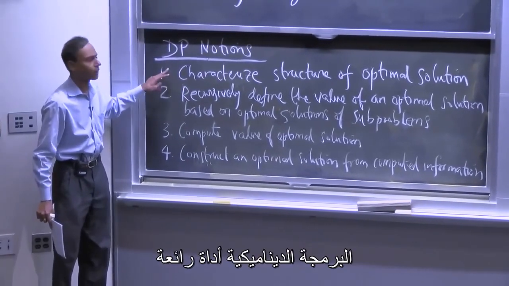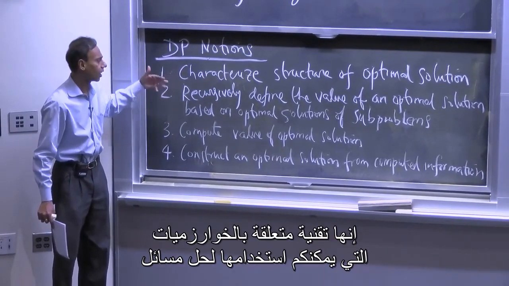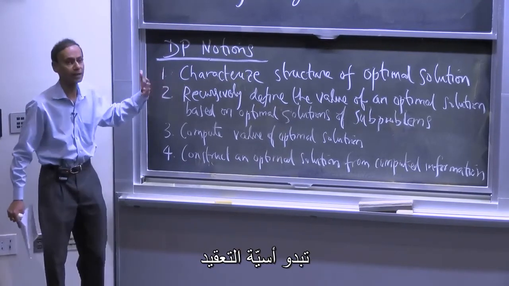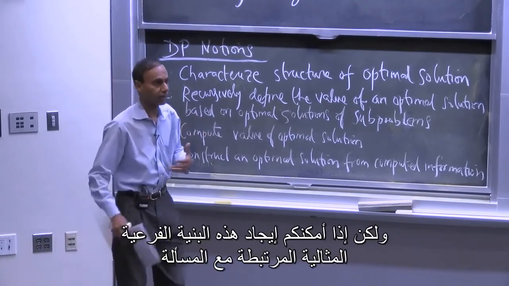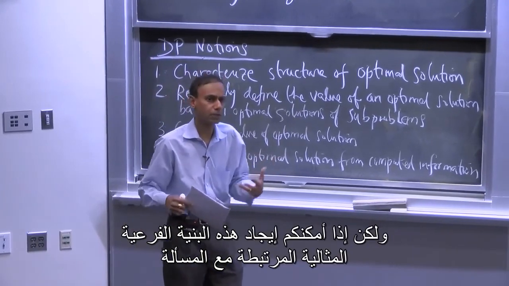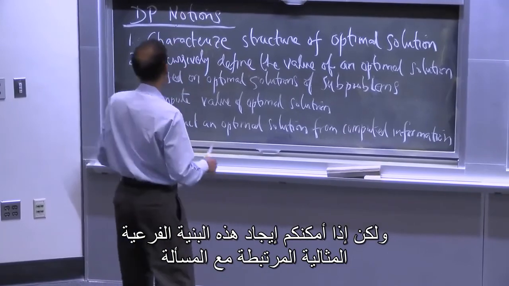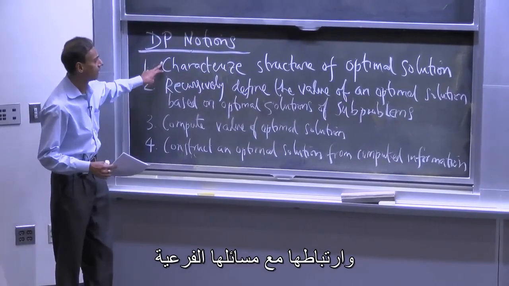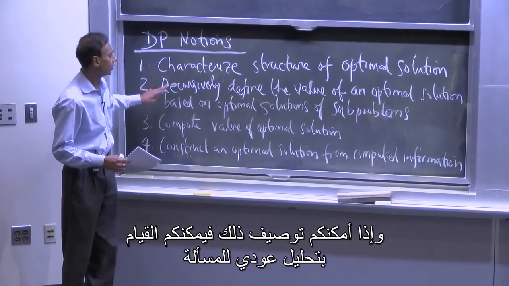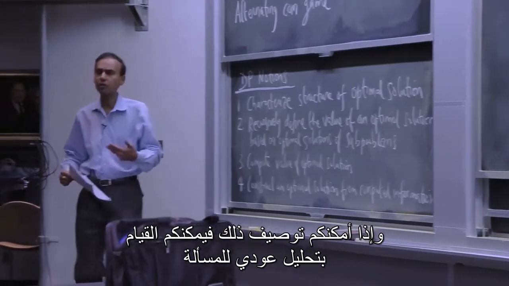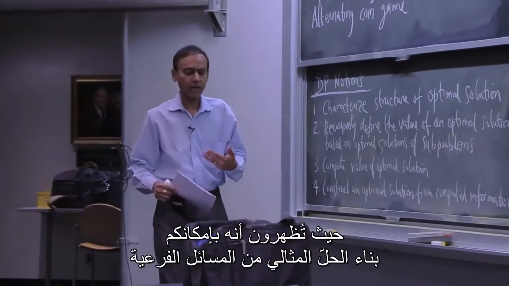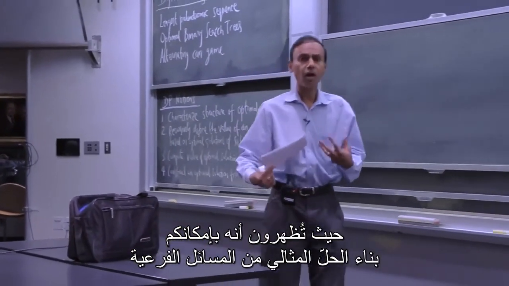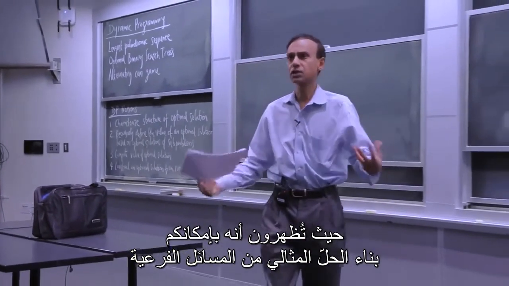Dynamic programming is this wonderful hammer. It's an algorithmic technique that you can use to solve problems that look exponential in complexity. But if you can find this optimum substructure associated with the problem and its connection to its subproblems, and if you can characterize that, then you can do a recursive decomposition of the problem where you show that you can construct the optimum solution from the subproblems.